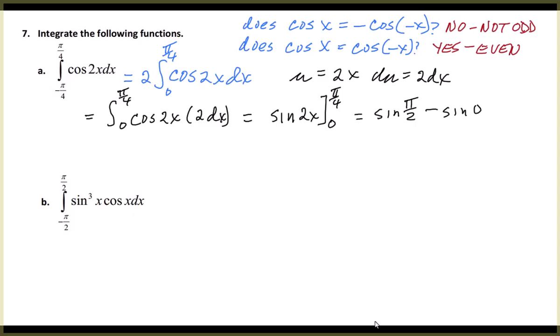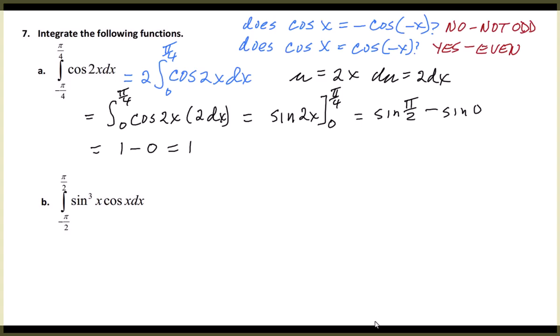If I plugged π/4 into sine 2x, wouldn't I have sine of 2π/4? Everybody seeing? Okay, so I've got sine of π/2 minus sine of 0. Well, what's sine of π/2? It's 1. And the sine of 0 is 0, so the area under that curve is just 1.